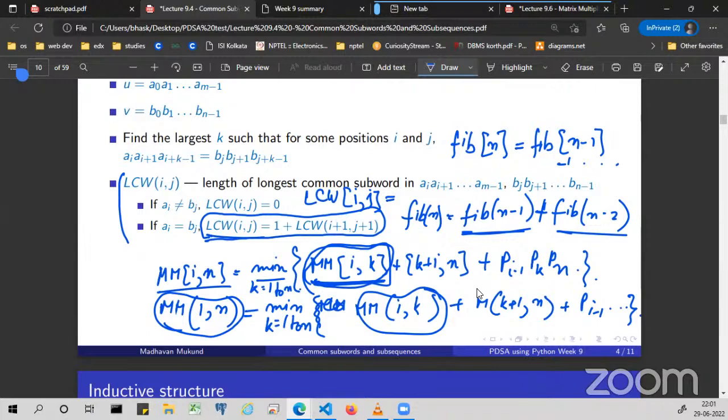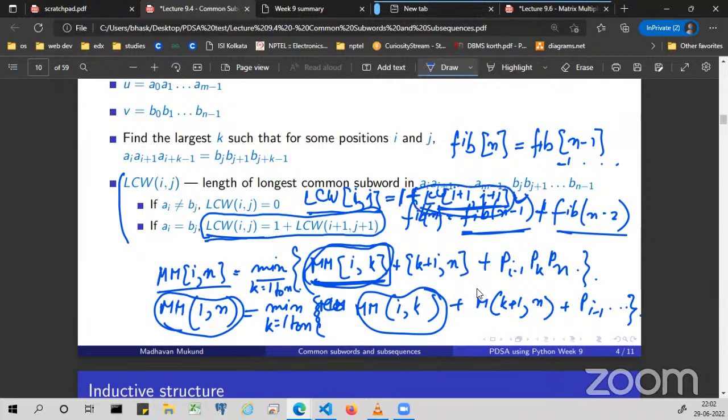The only problem is when you are using an array. In this example, in order to calculate LCW of i, j, what do you need? You need the value of 1 plus LCW of i plus 1, j plus 1. Now this value should be there inside your array. If you are calculating LCW of ij, and that is equal to 1 plus LCW of i plus 1, j plus 1, that means you need this value.